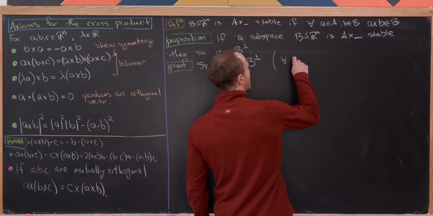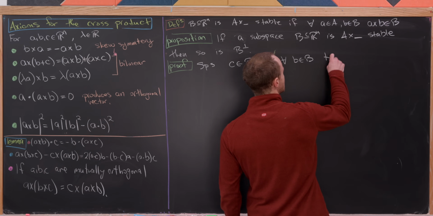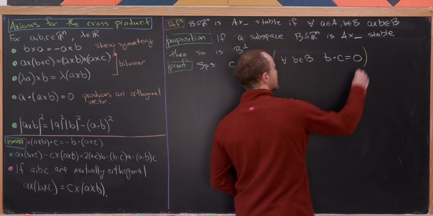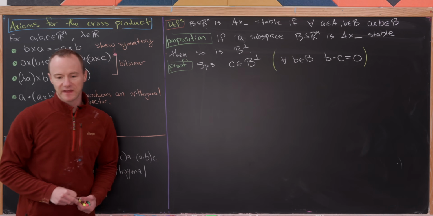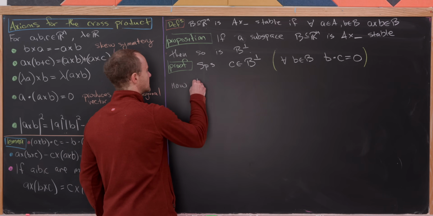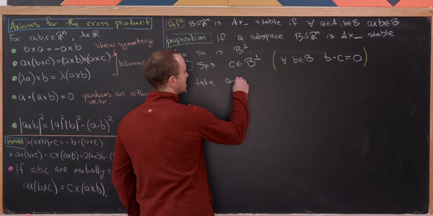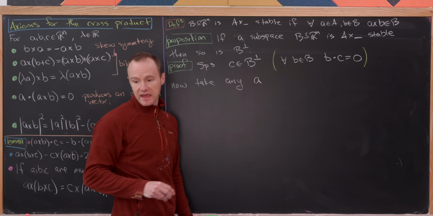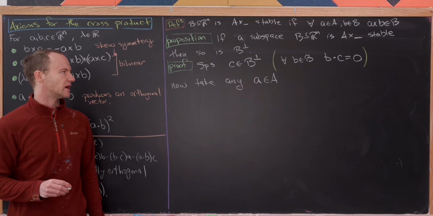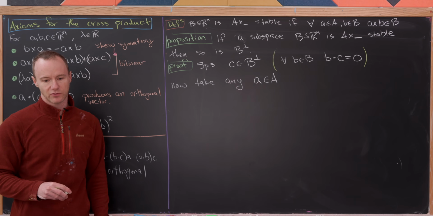So that means for all little b inside of B, we know that b dot C is equal to 0 because C's got to be orthogonal to everything inside of B. So now let's take any vector A, and this is going to be inside of A. And that's because we need to show that B complement is A cross stable.